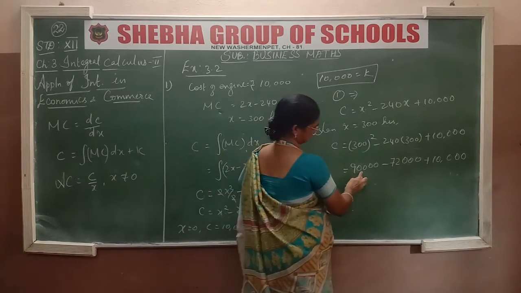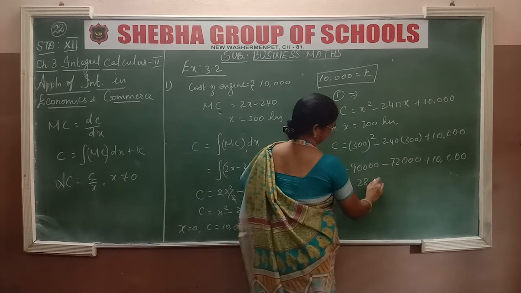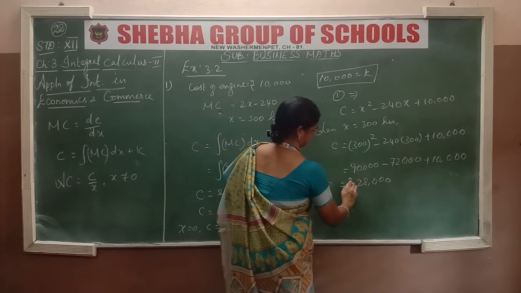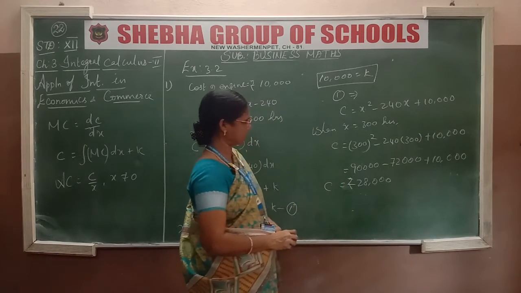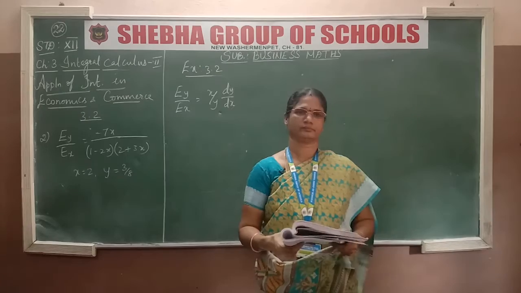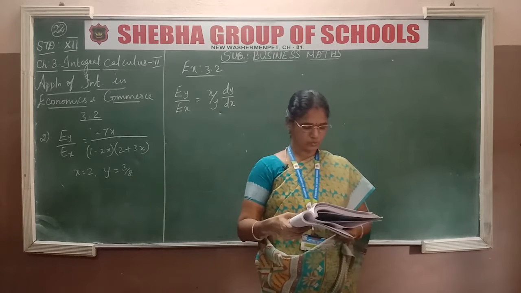So 90,000 plus 10,000 is 1 lakh, minus 72. We get 28,000. This is our cost, rupees 28,000. So the answer is 28,000.